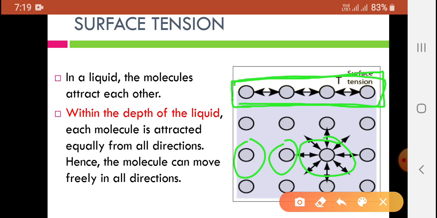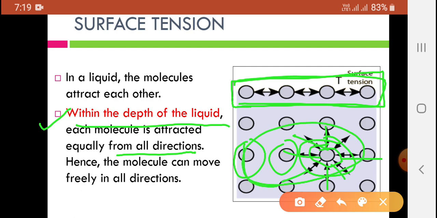Let us consider the first condition, molecules which are present within the depth of the liquid. Within the depth of the liquid, each molecule is attracted equally from all directions. That means attractive forces are equal from all directions, so these molecules can move freely in the depth of the liquid.